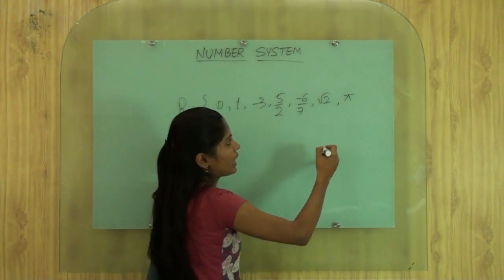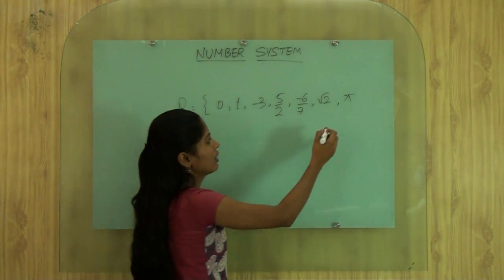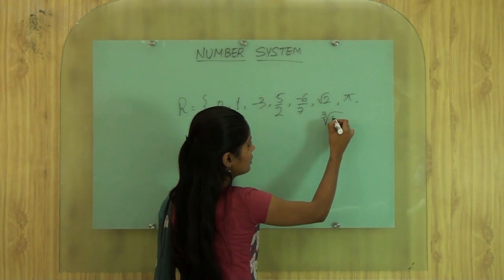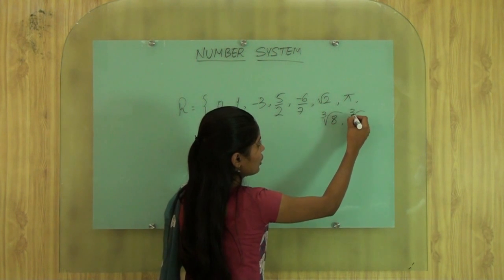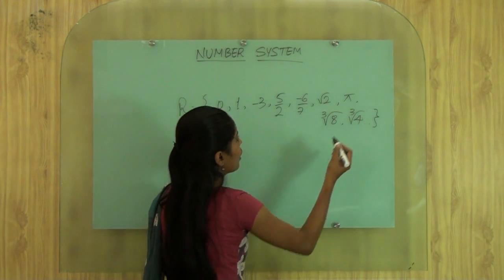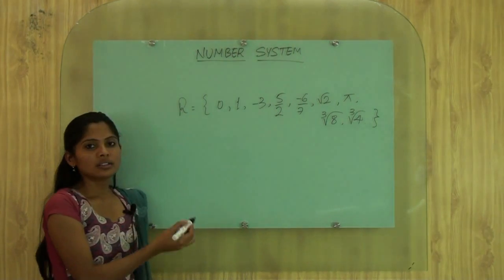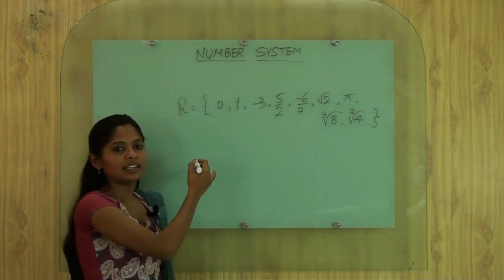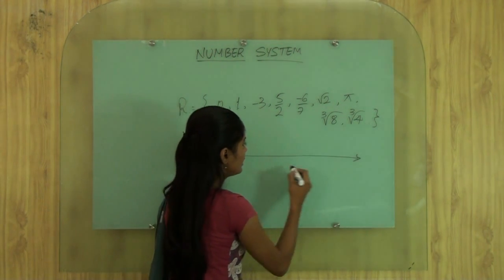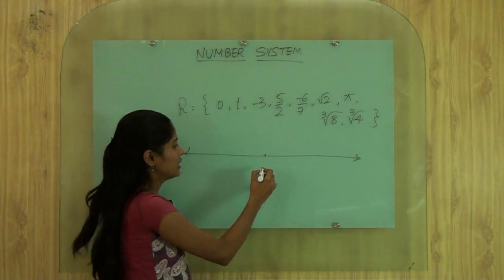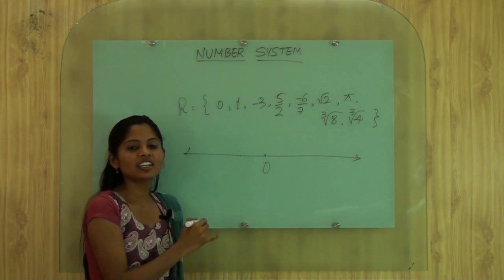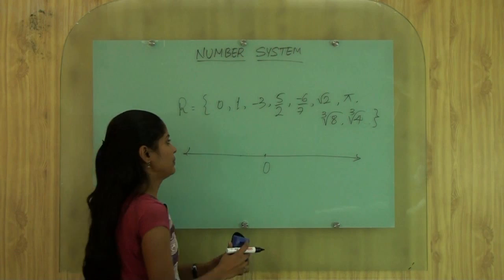Pi, whose value is about 3.14, and cube root of 8 or cube root of 4, anything. All these numbers combinedly are called real numbers. We can tell that any point on a number line represents a unique real number.